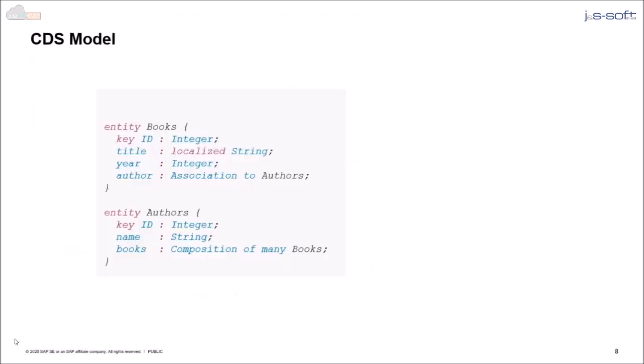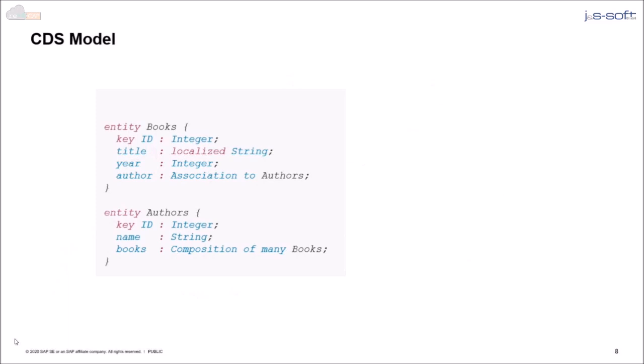And before I start, I think I have one more slide. This is my running example, a CDS model, which I want to use in all my examples. This is a very simple one. You have books and authors. Both of them have keys of type integer, and some more properties like title or name.